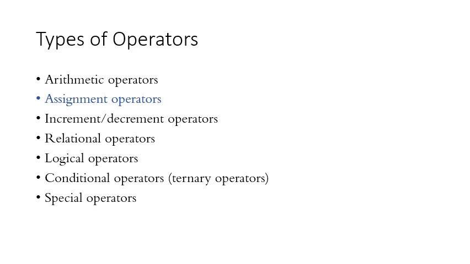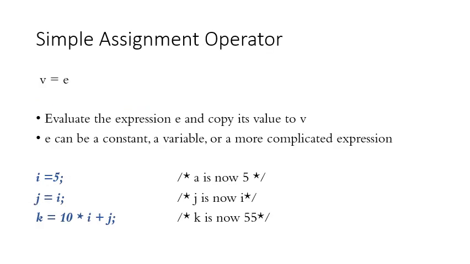Okay, so now we have the assignment operators. We are done with the arithmetic. It's very easy, right? So anyway, let's move on. What's the simple assignment operator? Once the value of an expression is computed, we'll often need to store it in a variable for later use.